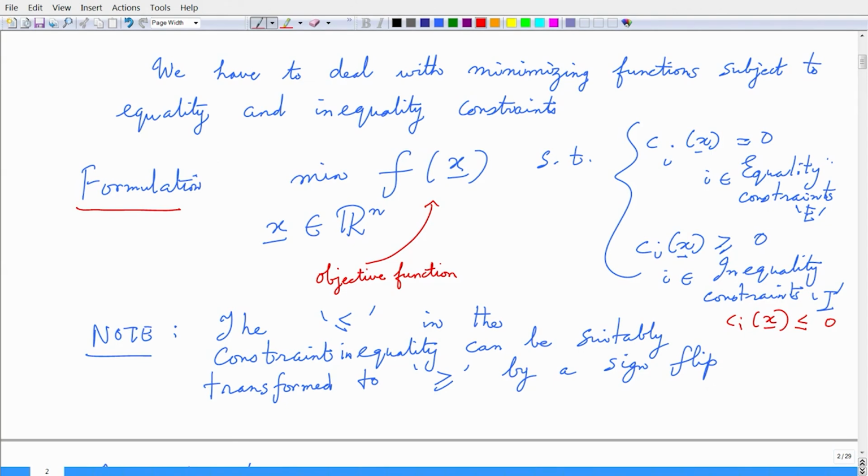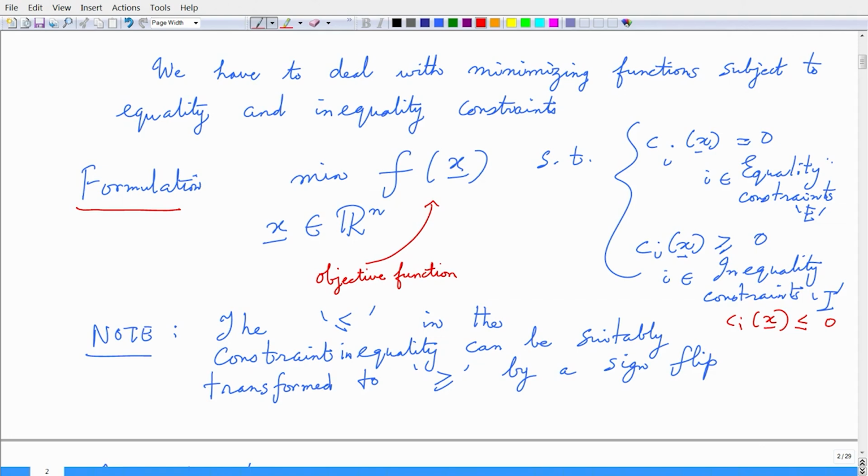And if you think about one inequality constraint, I can always flip the sign: for Ci of x greater than or equal to 0, I can realize an inequality with Ci of x less than or equal to 0 by flipping the sign. Minimizing something is, I take a negative and then I can maximize that function. So, one can formulate a set of constraints over which the objective has to be optimized.